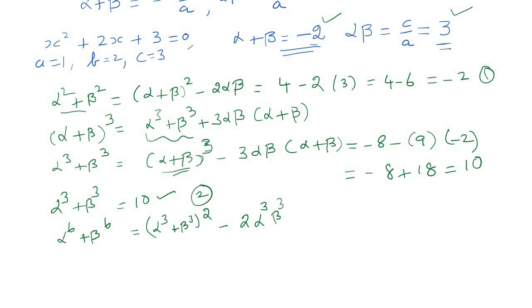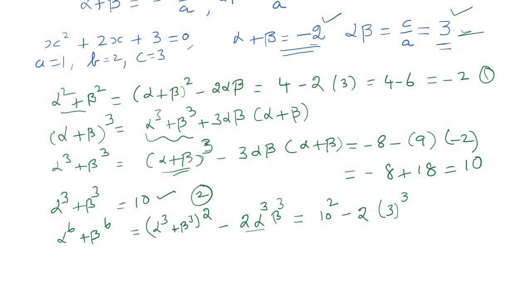Okay, because in this expansion, (alpha cube plus beta cube) whole power 2, we have alpha power 6 plus beta power 6 plus 2 alpha cube beta cube, that you subtract. Therefore this is equal to (alpha cube plus beta cube) whole power 2, that is 10 power 2, minus 2 (alpha beta) whole cube, which is 3 raised to power 3, because alpha beta is 3, you can see here.